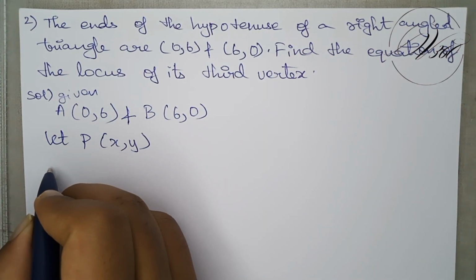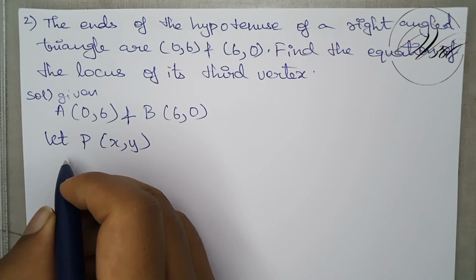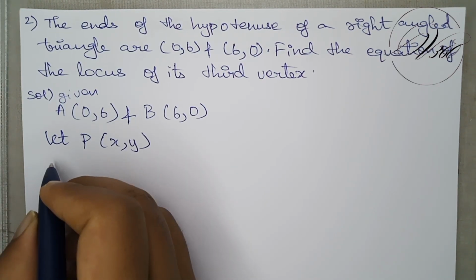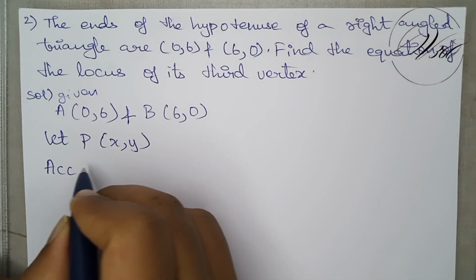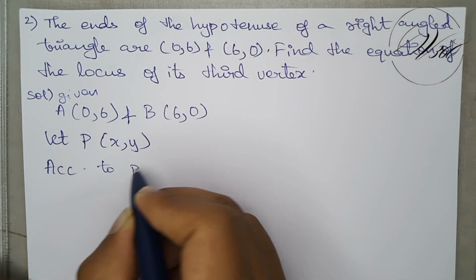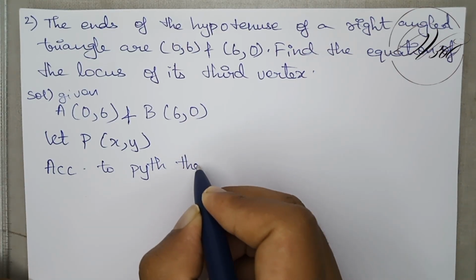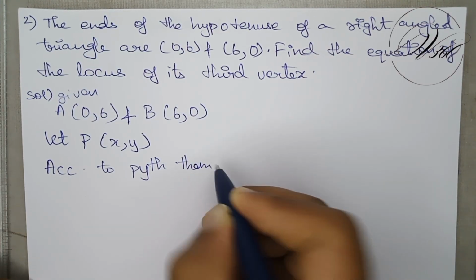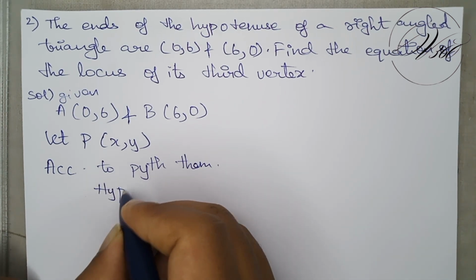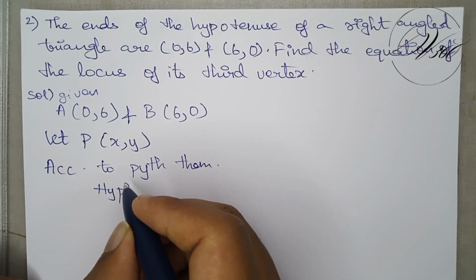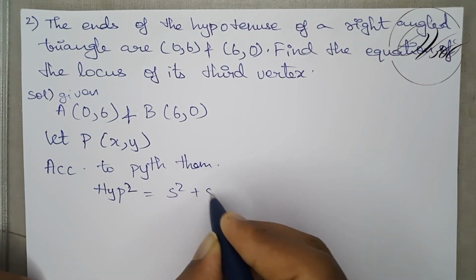Now the given condition is that it is a right angle triangle, and for a right angle triangle we will usually use Pythagoras theorem. According to Pythagoras theorem, hypotenuse square is equal to side square plus side square.